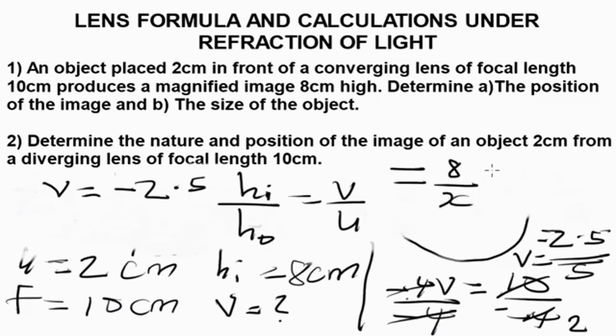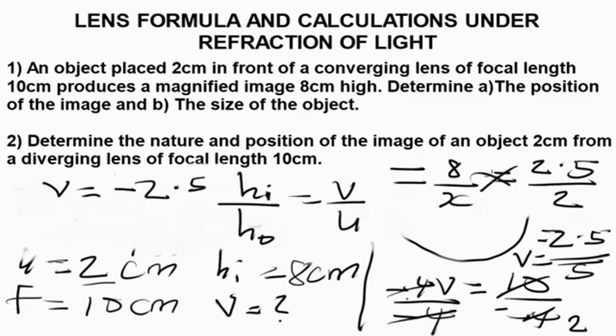Let's use x to represent it, equals, okay, so the image distance is minus 2.5. This time around you're not going to represent the minus in this expression. The minus there shows that the image is virtual, so we're going to use 2.5 over the object distance, which is 2.